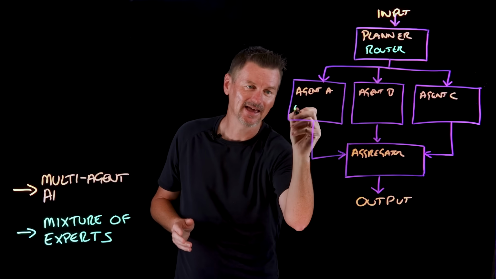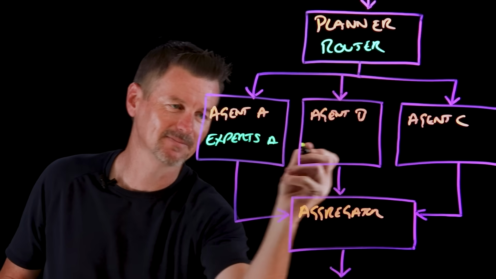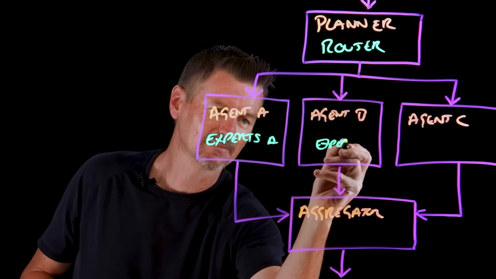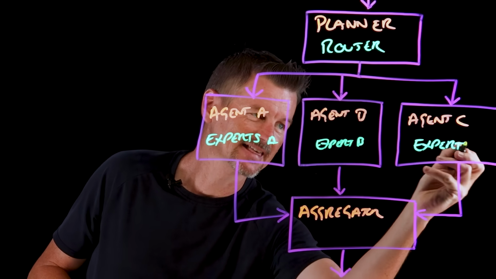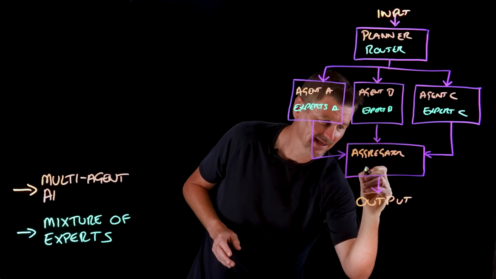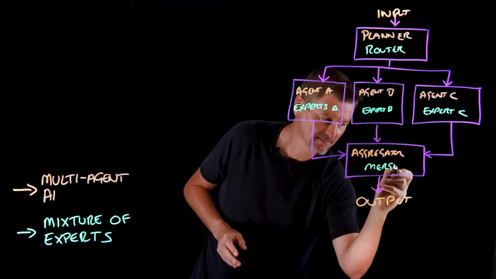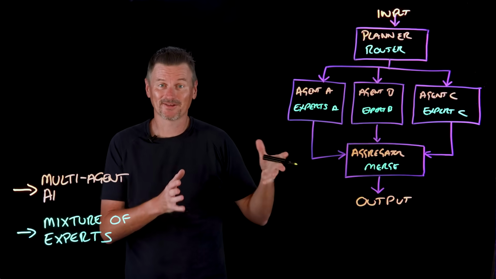And then we have here a series of experts. So let's call this expert A, expert B, and expert C. And these guys, they work in parallel. And then at the bottom here, we have a merge component to reassemble the processed tokens into a single stream.